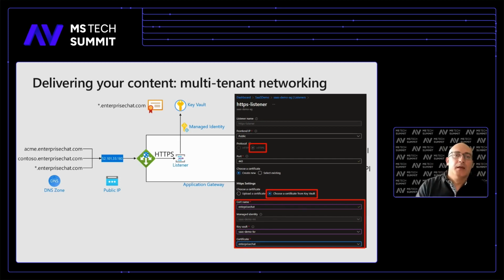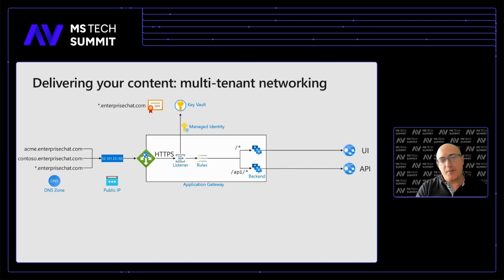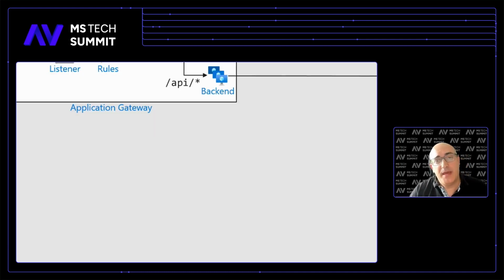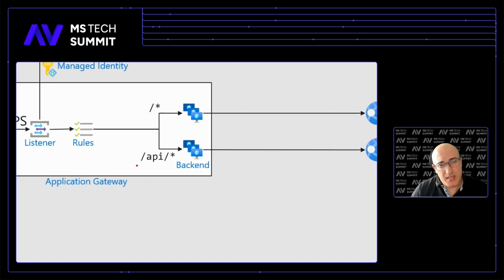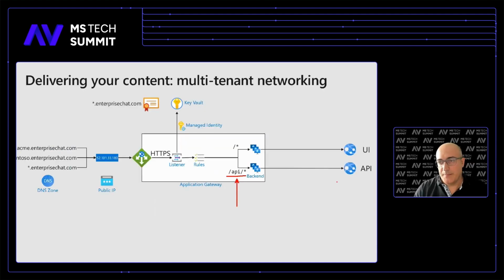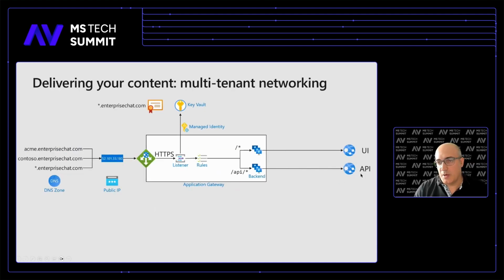Cool. Now, next step, we need to route the traffic, either the UI or API traffic, towards the web servers. And in order to do that, I'm just using a simple path-based rule, right, in which I'm saying if the path contains the API fragment, send all the requests to the API web server. If it contains anything else, it goes to the UI.